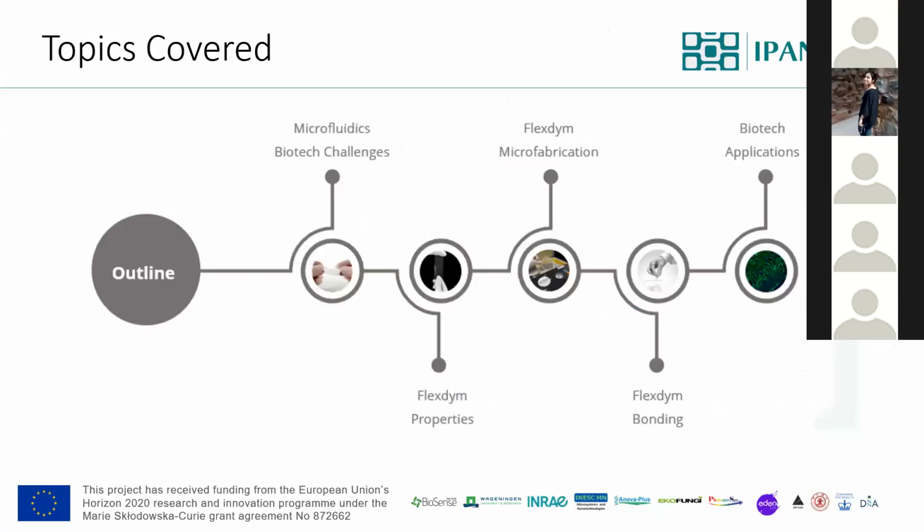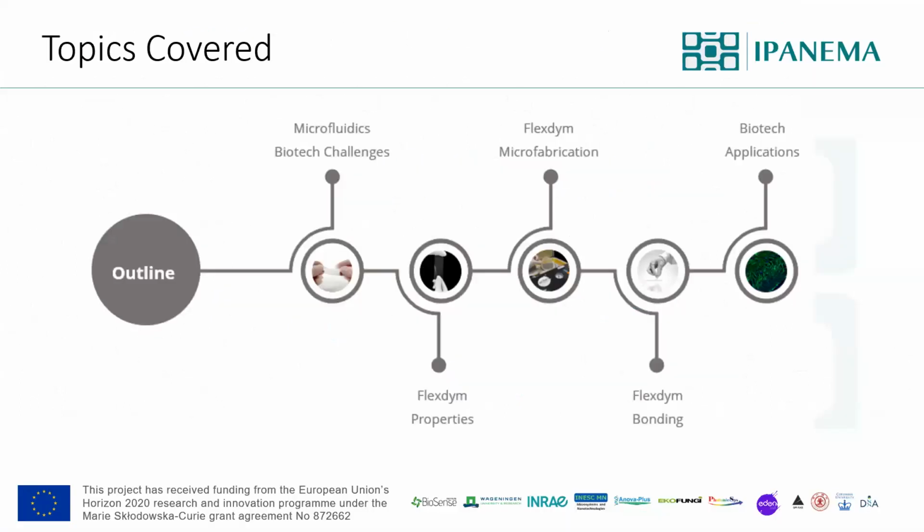So I'd just like to start off by highlighting the key topics I want to cover today. Firstly, I'm going to give you a little bit of context and really highlight the key material challenges that are associated with the development of microfluidic biotechnologies. Then I'll present to you our Flexdym polymer and its key properties and advantages that give it an edge.